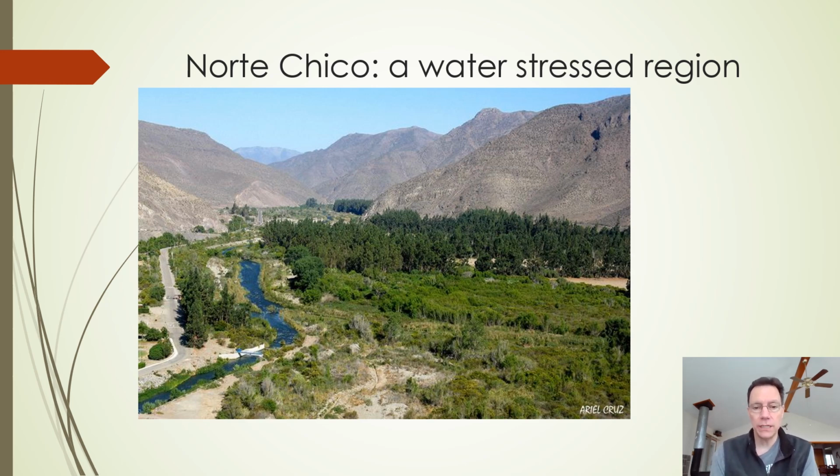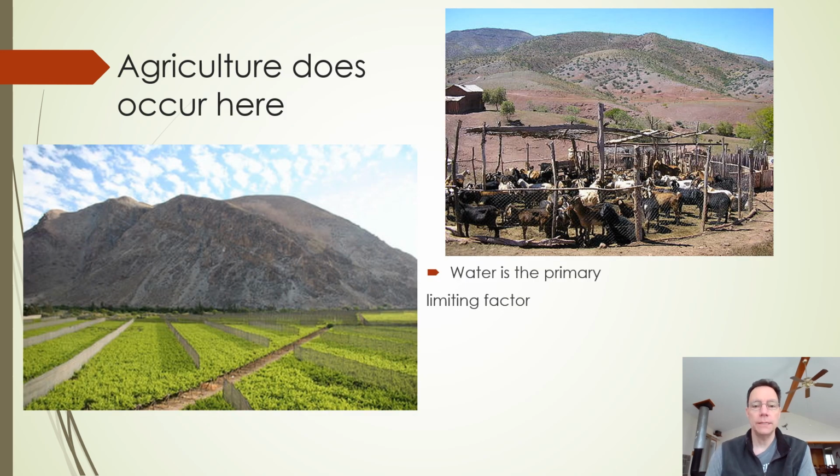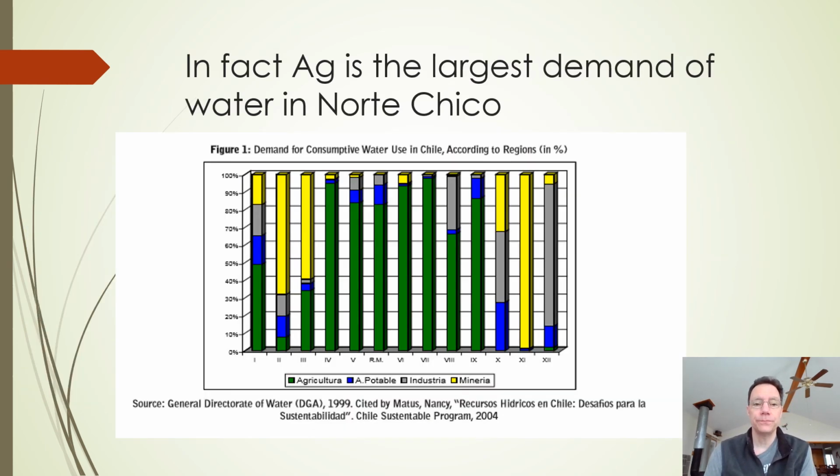People are ranching and raising crops and things like that. And of course, water is the main limiting factor for how much agriculture can occur and how successful it can be. So there are big farmers and there are small farmers and everything in between that have long had disagreements about who has access to the water. So this is an environmental justice issue. It's also a political ecology issue.